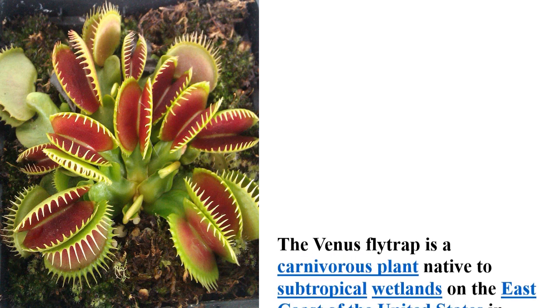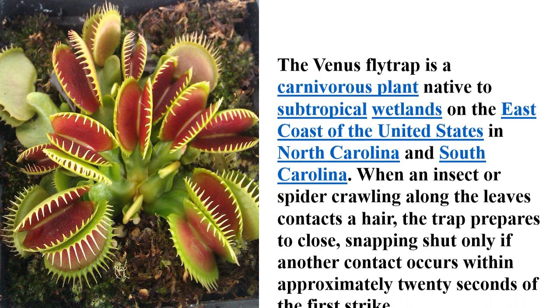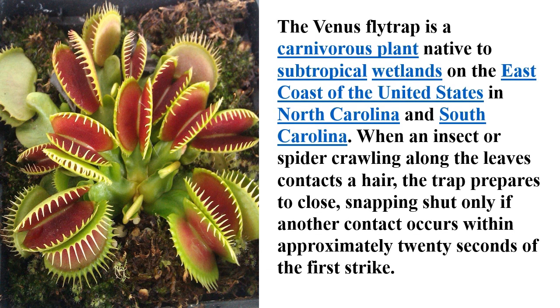The Venus flytrap is a carnivorous plant native to subtropical wetlands on the east coast of the United States in North Carolina and South Carolina. When an insect or spider crawling along the leaves contacts a hair, the trap prepares to close, snapping shut only if another contact occurs within approximately 20 seconds of the first strike.